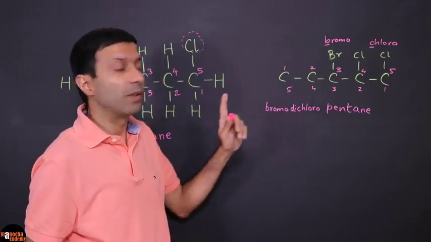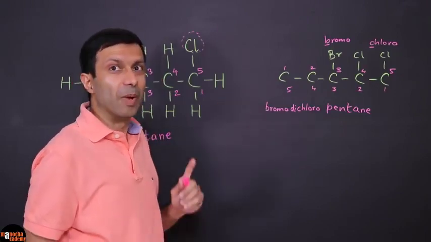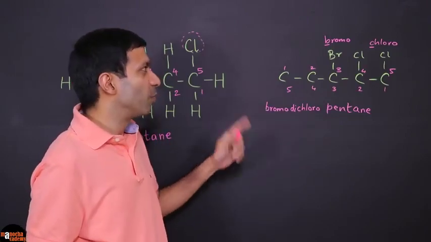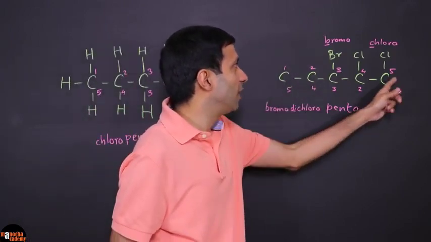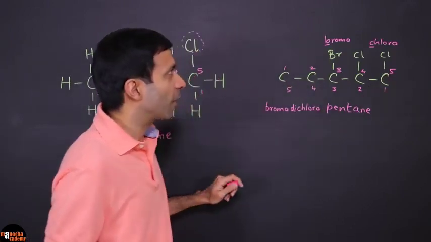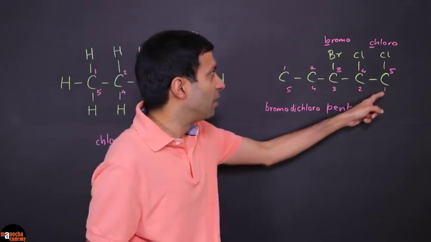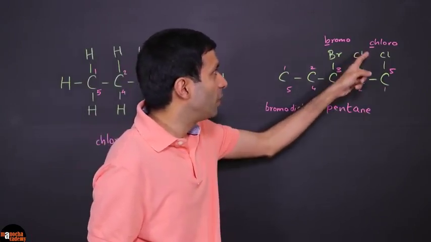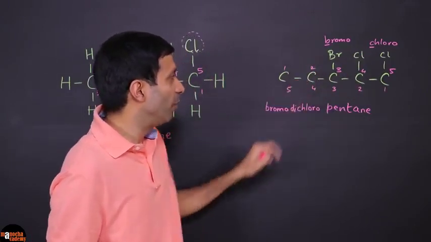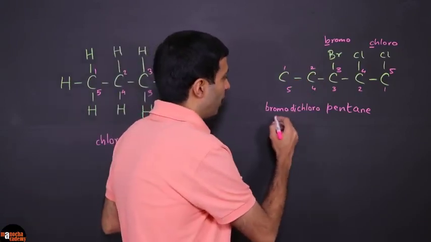But we also need to give the numbering. And remember, we need to choose the smaller numbers. So we won't go for this scheme, we'll go for the backward scheme. So you can see that there's a 1,2-dichloro and a 3-bromo. So I'm going to rewrite this name again.